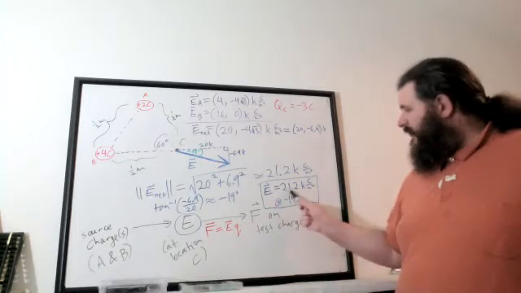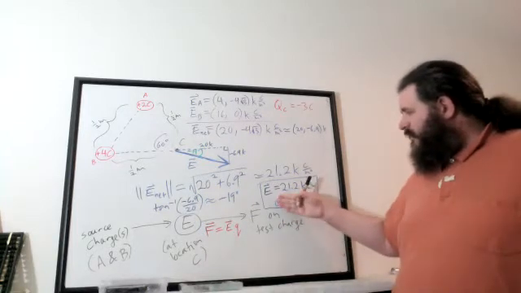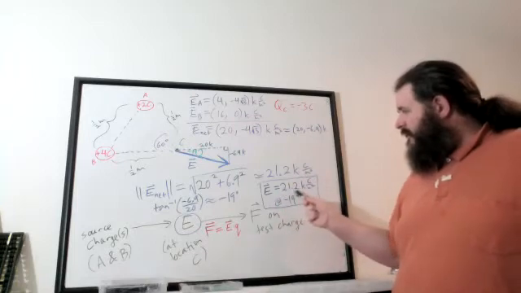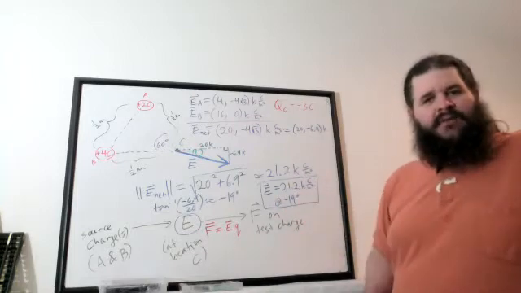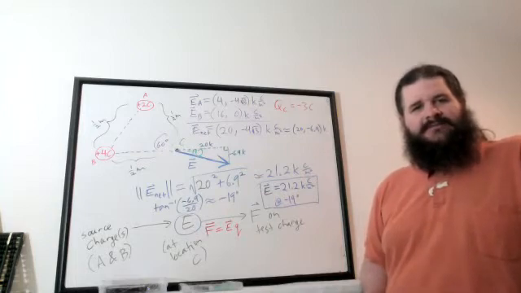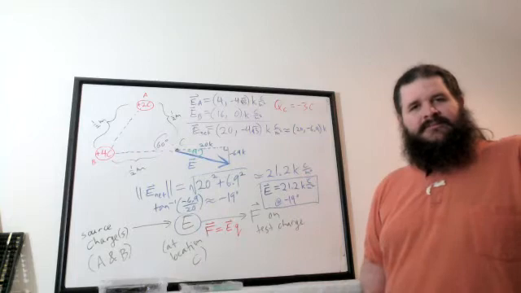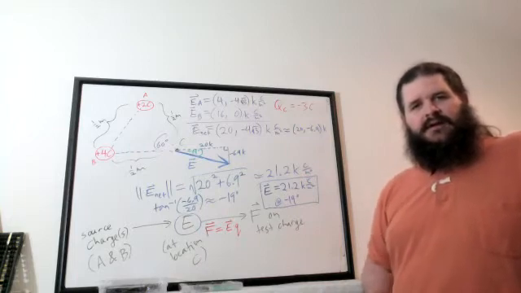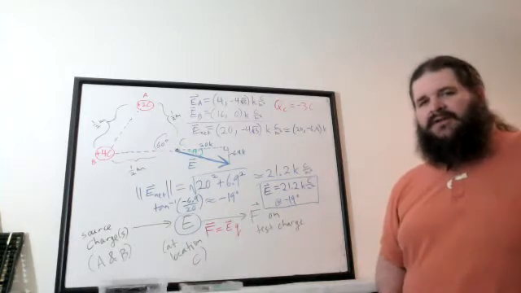We're going to take this magnitude because the electric field, ignoring the direction for the moment, has a magnitude of 21.2 K. What do we do to that magnitude to find the force? We're just going to multiply that by negative 3, except not for the magnitude, because magnitude is an absolute value, so it has to be positive.